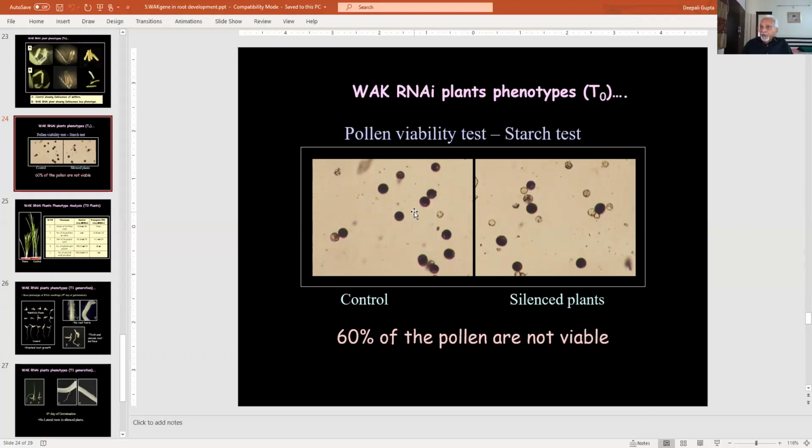So not only is this silencing affecting the size of the panicle and the behavior of anthers, but it is also affecting the viability of the pollens. In the silenced plants, 60% of the pollens are non-viable. And this is checked by a simple pollen starch test, which shows you the viability of the cells of the pollens.